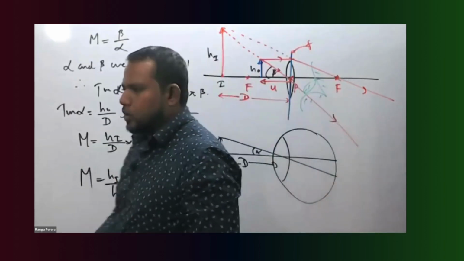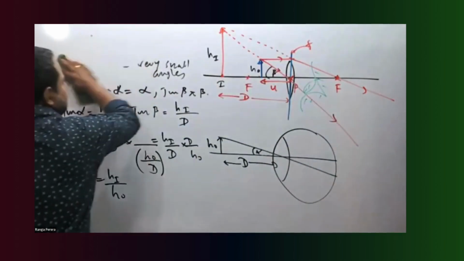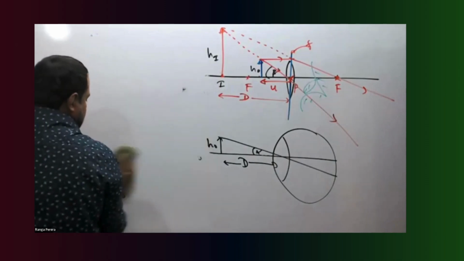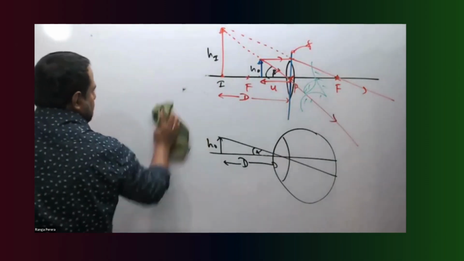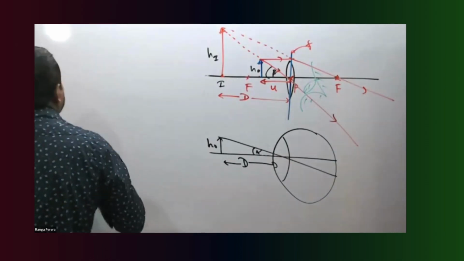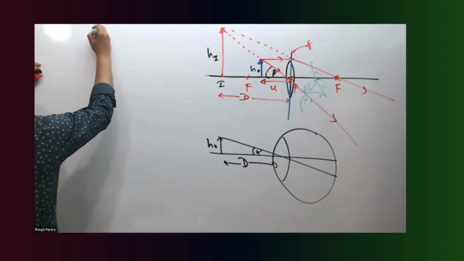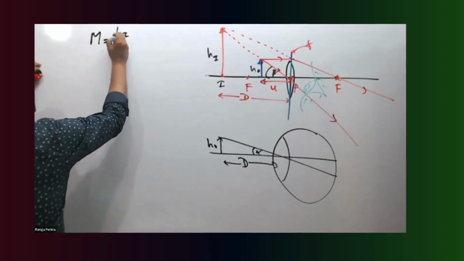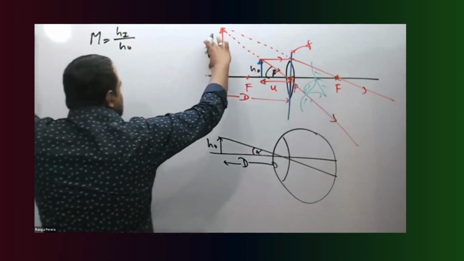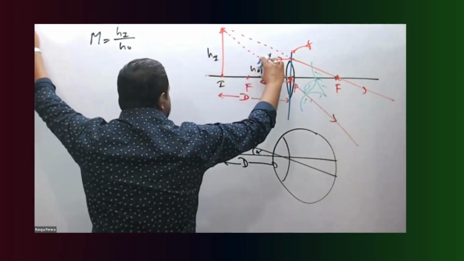Okay, I will erase the board. Magnification: we have reached up to this point, HI over H naught, the image height divided by the object height.